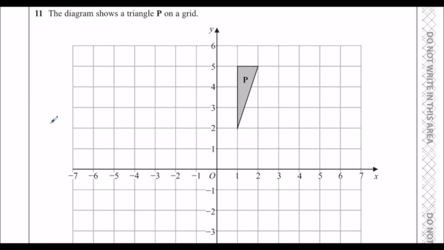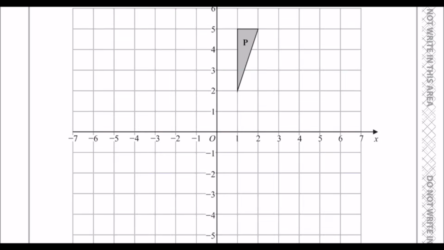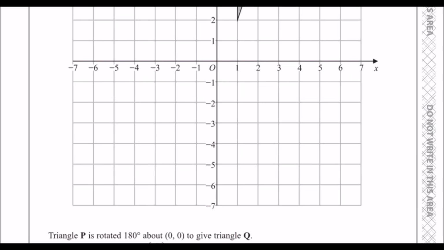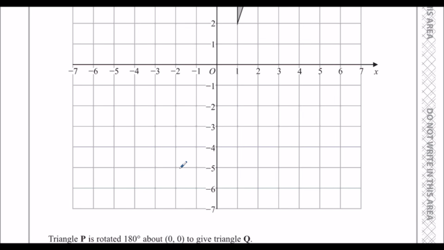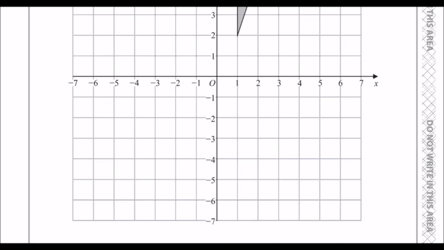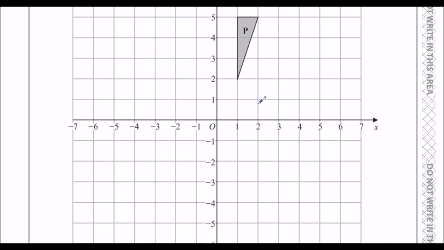Question 11. The diagram shows a triangle P on a grid. Triangle P is rotated 180 degrees about 0, 0, about the origin, to give triangle Q. So to rotate it, I don't have tracing paper on this computer, so I'm going to have to imagine where it goes. So it rotates 180 degrees round.